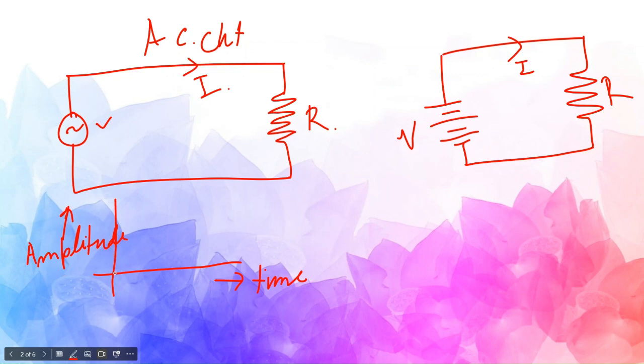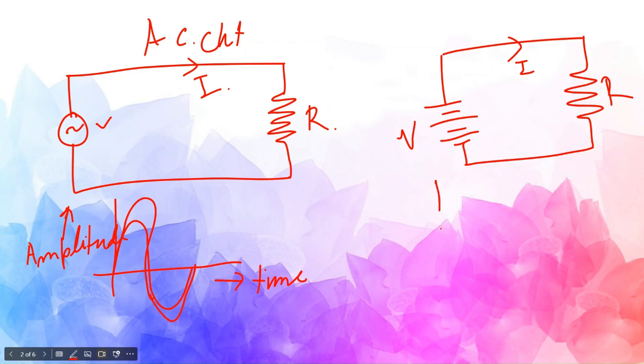So now let me show how the waveform will look. Maybe this is current, and the voltage waveform will look something like this. What I wanted to show is that this is changing its direction over time.